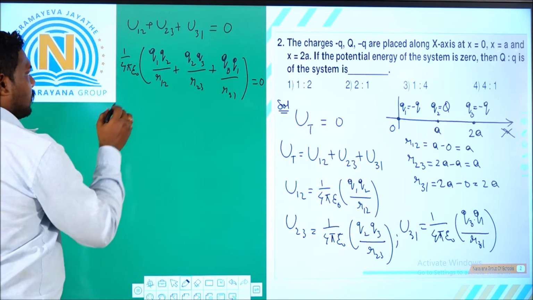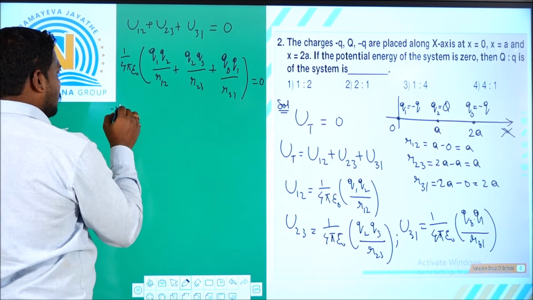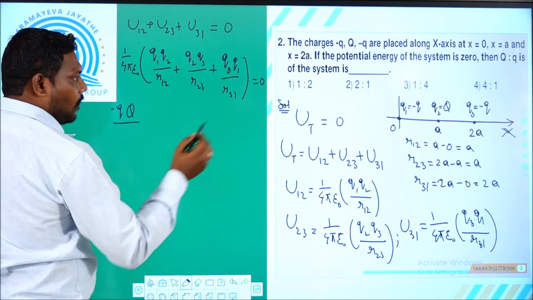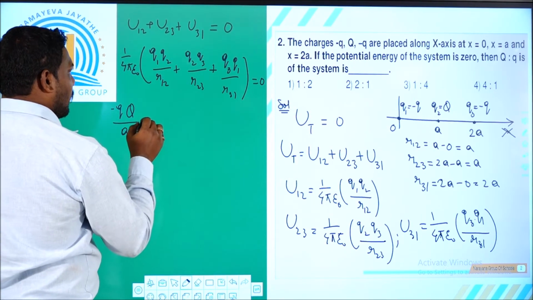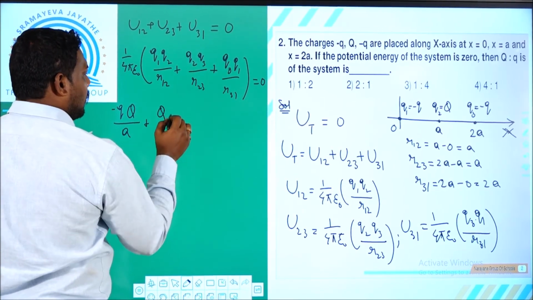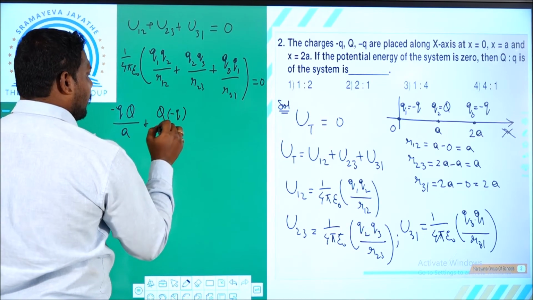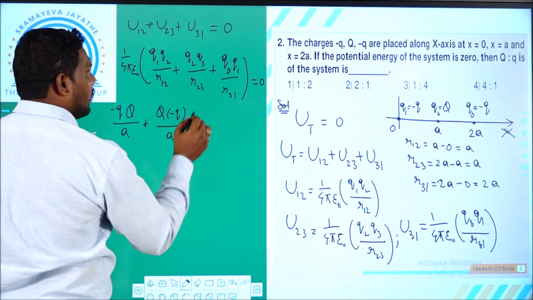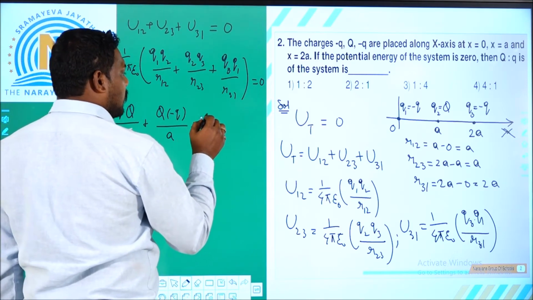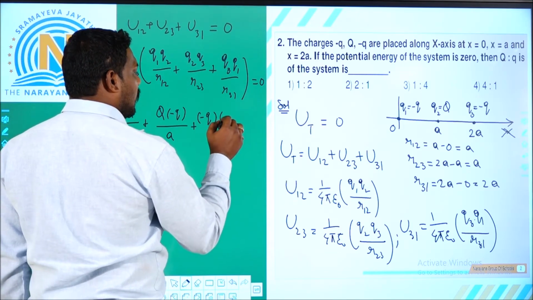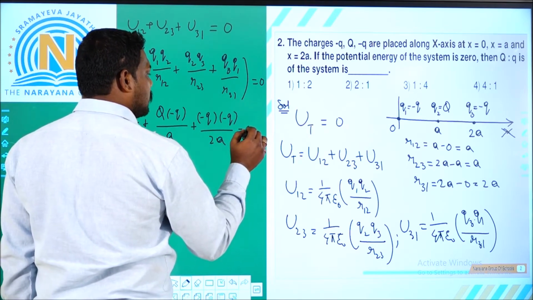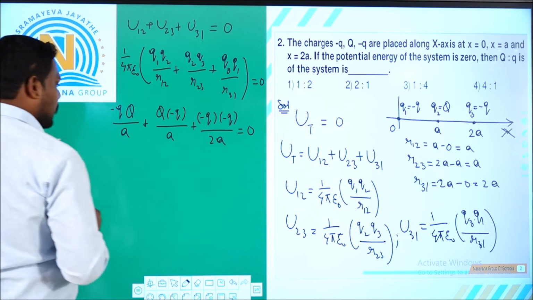So Q1 is nothing but minus Q, Q2 is capital Q, R12 is A, plus Q2 is nothing but capital Q, Q3 is minus Q, R23 is A, plus minus Q into minus Q by 2A is equal to 0, right?